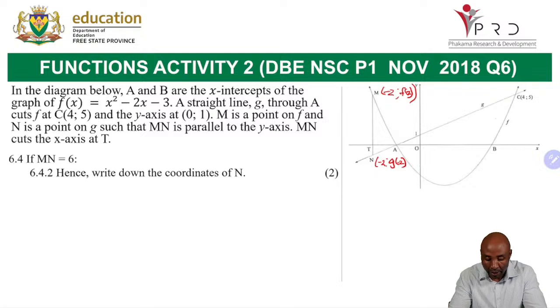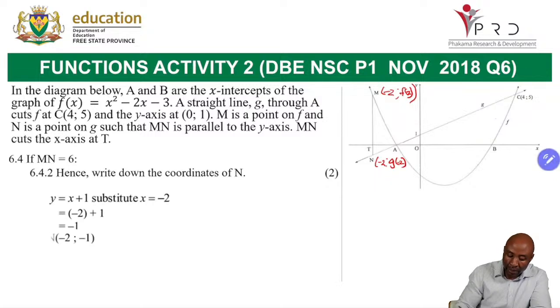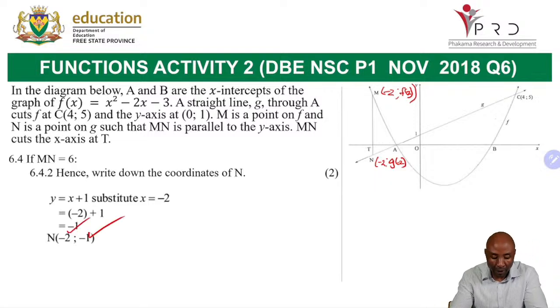So that's how we get the coordinates there. Our function for g, we got it as x plus 1. We substitute negative 2 plus 1 and we get negative 1, which means our x value there is negative 2, and our y value there is negative 1.